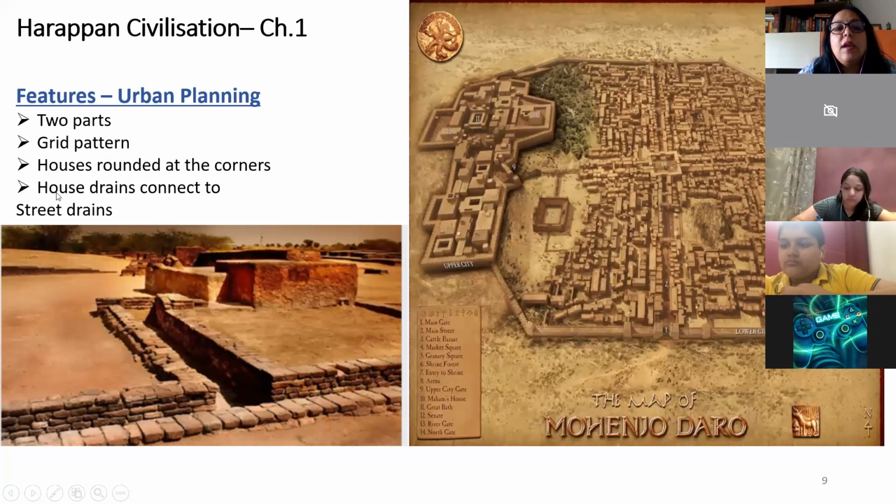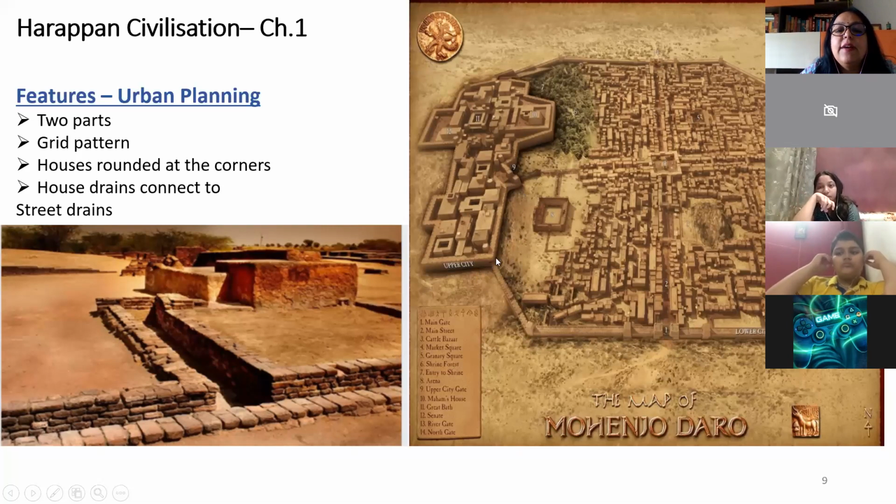Now the houses were rounded at the corners. Suppose this is the street, and the road is going like this. Then bullock carts will pass like this, and then they have to turn. If this wall is at a right angle, the bullock carts will find it very difficult to turn.